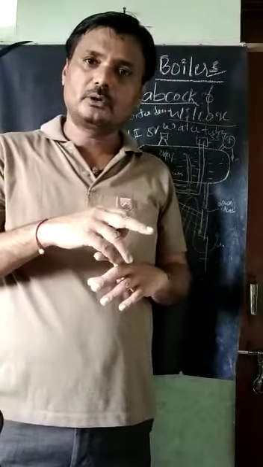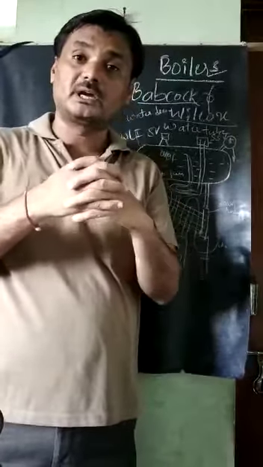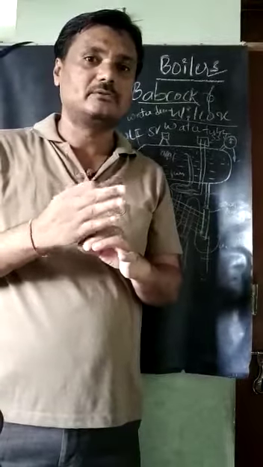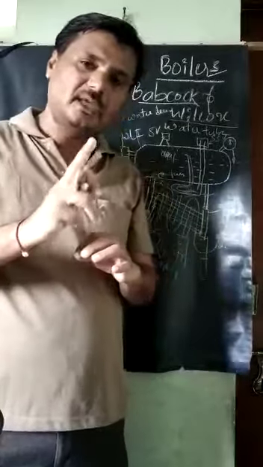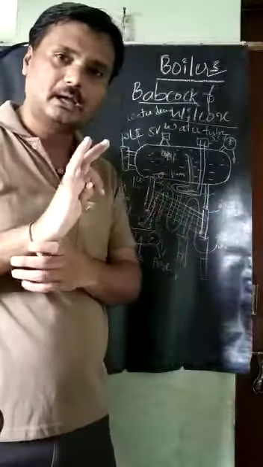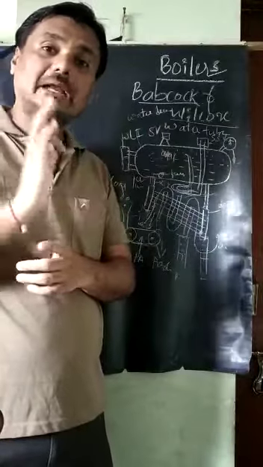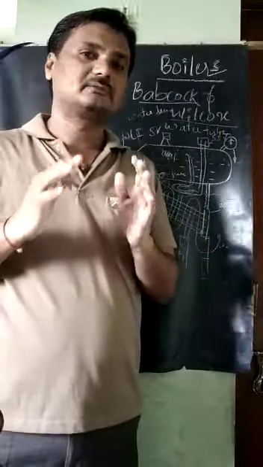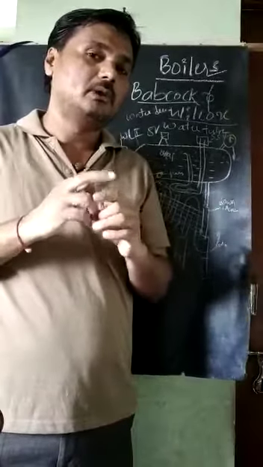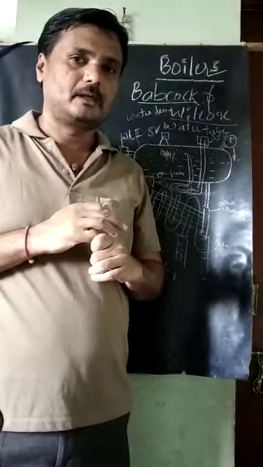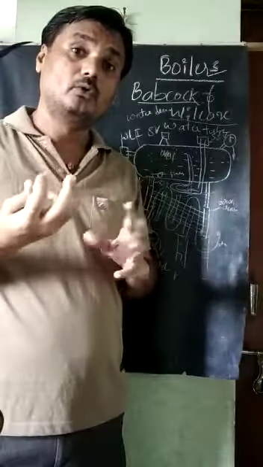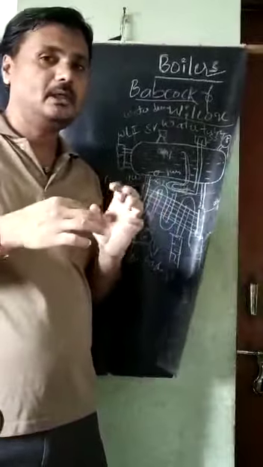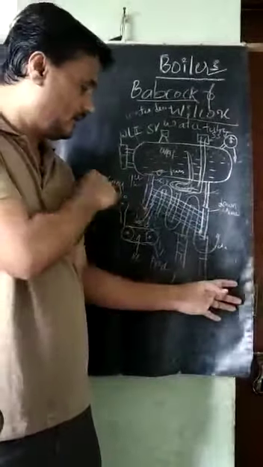Just as when the voltage is more in the case of current, the fuse will cut down that current circulation, like that a fuse is there for the electrical current. In the same way, here is the fusible plug. It will cut down the supply of the fuel. So therefore the production of steam will be reduced. When alarming temperatures are there, or when the water goes down, some alarming situations come. At that time the fuel will be cut down in this case.